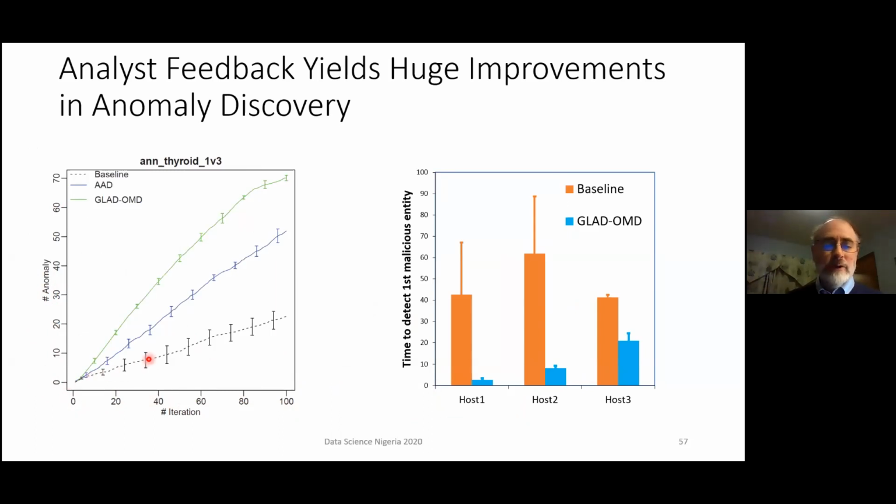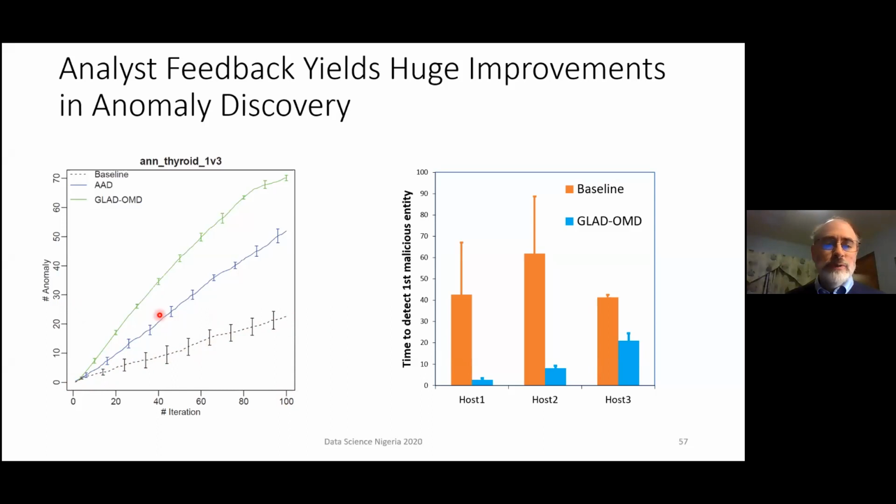And so this black curve here is what we get if we don't have any feedback from the analyst. We just present our alarms in descending order of anomaly score. And you can see that after 100 alarms, we have discovered about 22 true positives. So we have about an 80% false alarm rate.